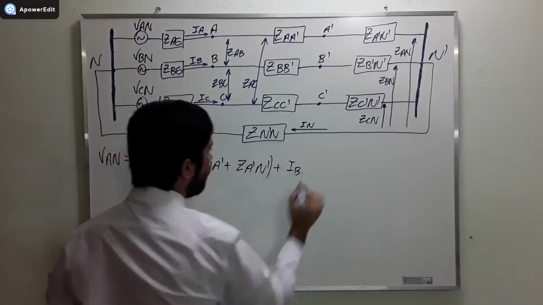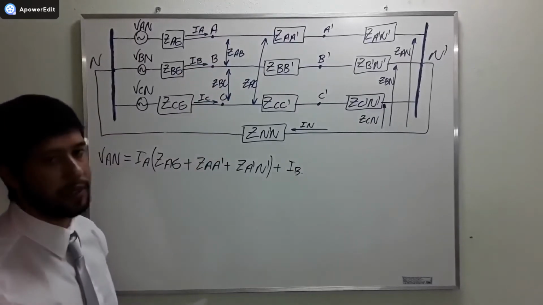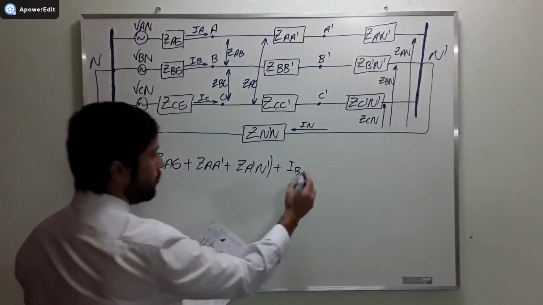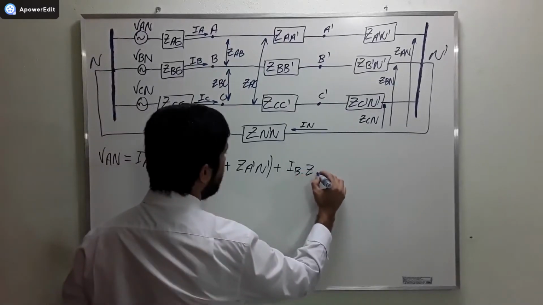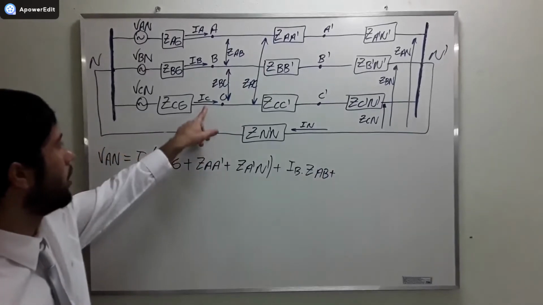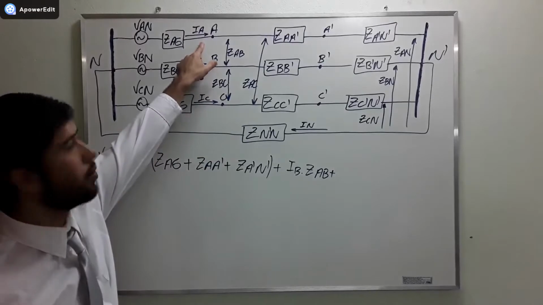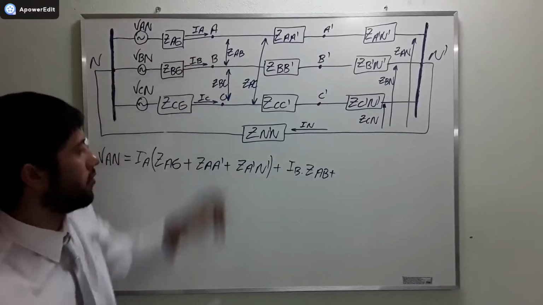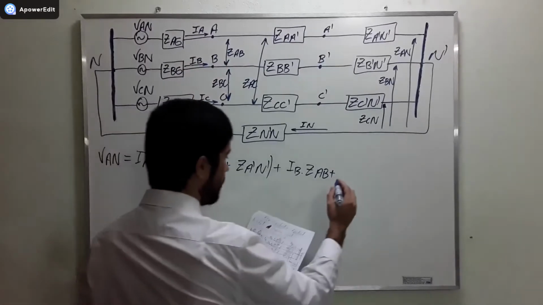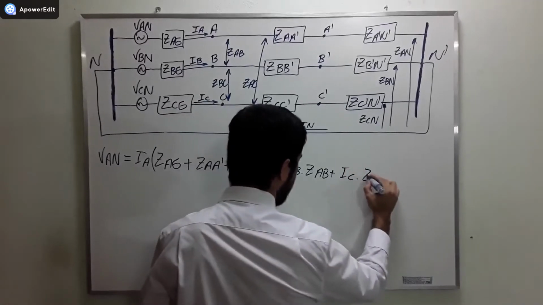IB is going to influence this line here, so IB times ZAB. The same is going to happen when a current passes here. It's going to influence, through the mutual coupling, the current that passes here. So we model it by IC times ZAC.